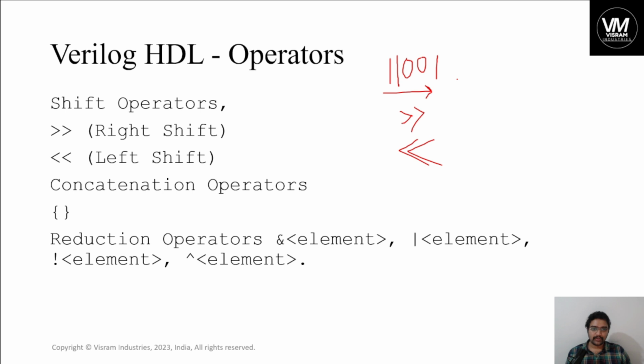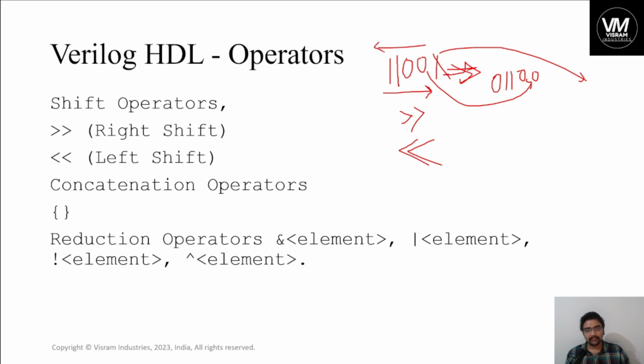When we move towards the right, this will be gone and another element will be coming. So when you go right shift, this will be gone and it will be 0 0 1 1, and some element 0 you need to add. So that is right shift. Left shift means this will be moving in the leftward direction.